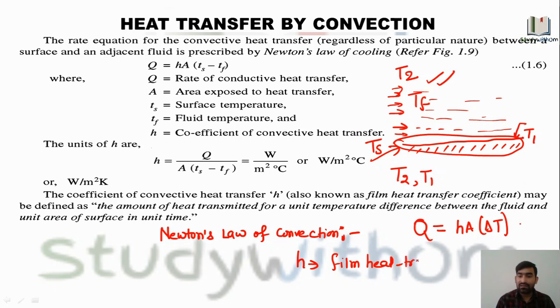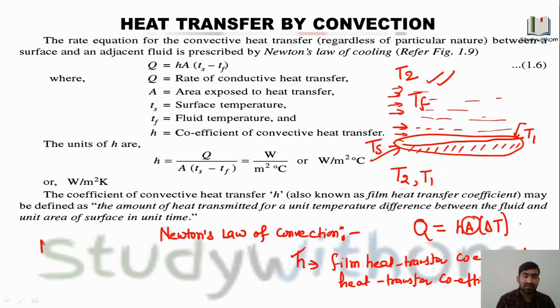The film heat transfer coefficient, or directly heat transfer coefficient. You can also call it heat transfer coefficient, right? So h is film heat transfer coefficient or heat transfer coefficient. What is area?